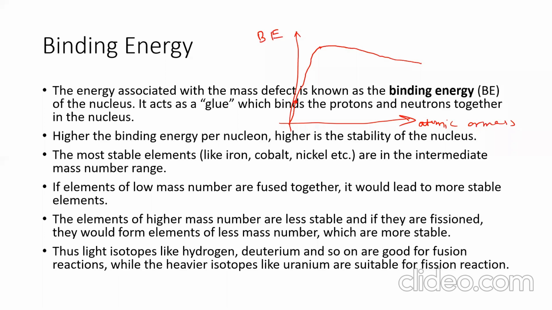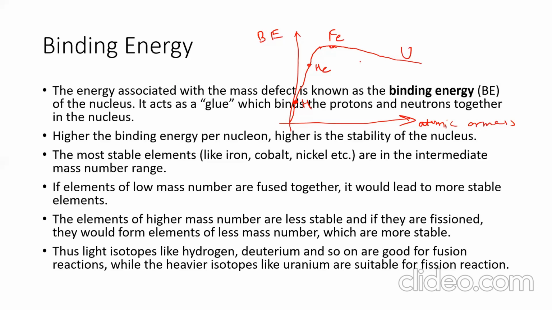For lighter elements, here hydrogen lies, here helium is there, and here the highest part is iron, cobalt, nickel. And if we proceed further, for heavy elements like uranium, thorium, their binding energy is again going to decrease.